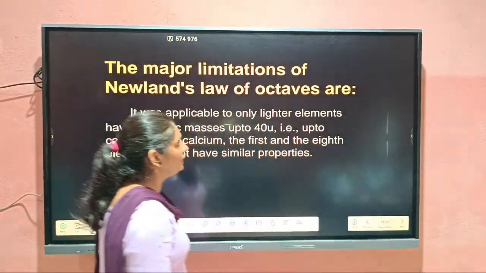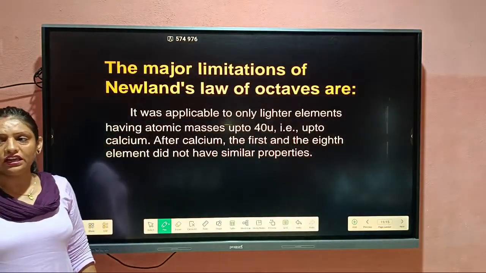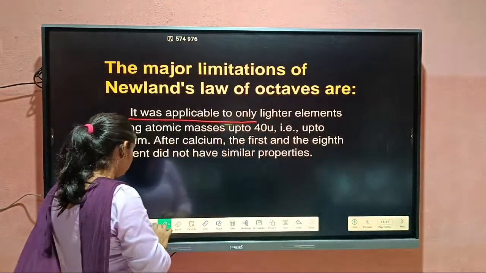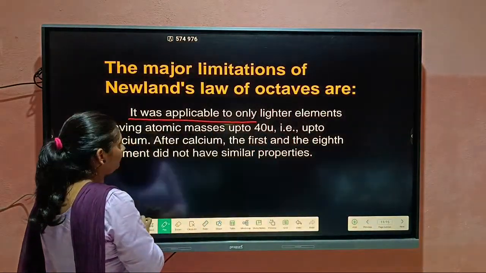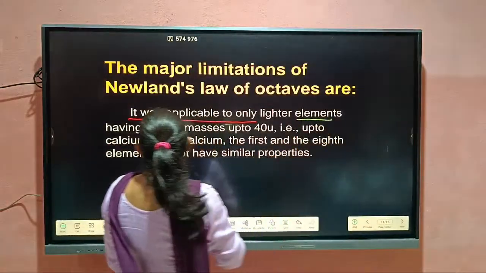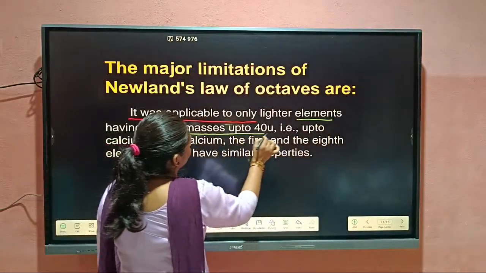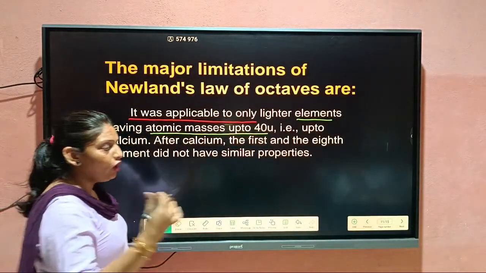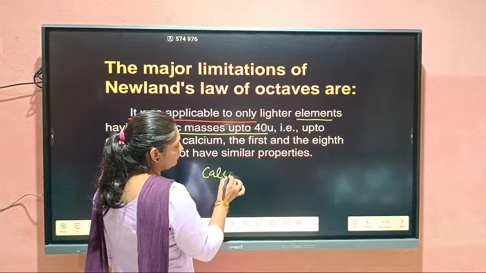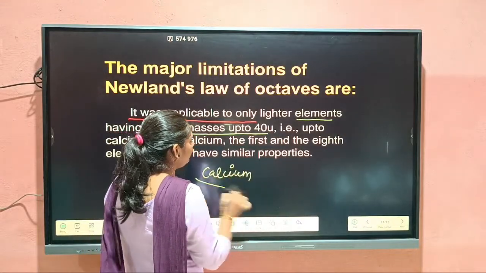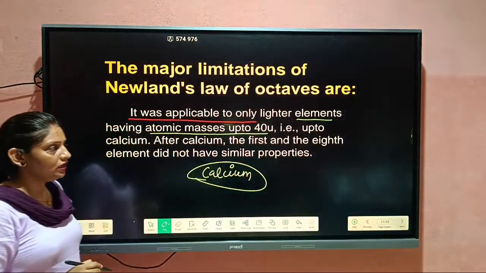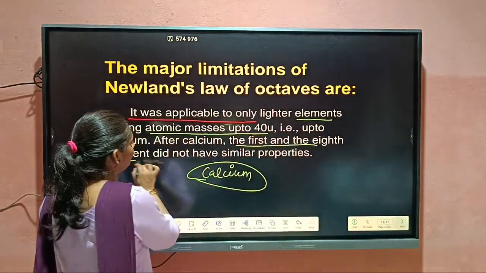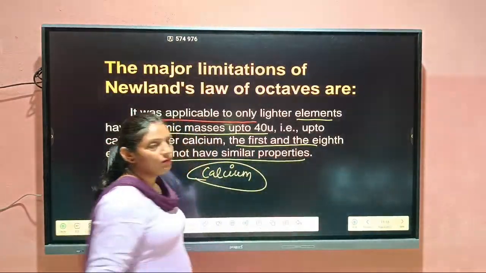This law also has a limitation. What was the limitation? It was applicable to only lighter elements. This law was applicable only for the lighter elements having atomic mass up to 40. Means it was applicable only up to calcium. After calcium, the first and the 8th element did not have similar properties.